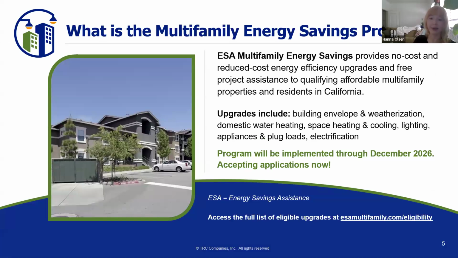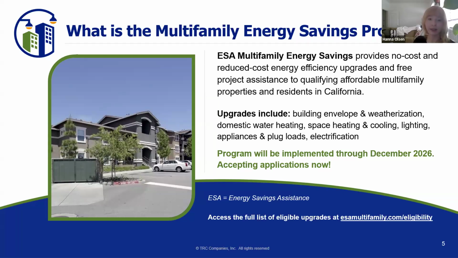This program, the ESA program, is a combination of common area and in-unit upgrades. It is ratepayer funded by the California Public Utilities Commission. The Multifamily Energy Savings Program provides no cost and reduced cost energy efficiency upgrades. There's free project assistance to qualifying affordable multifamily properties and residents that are in California.